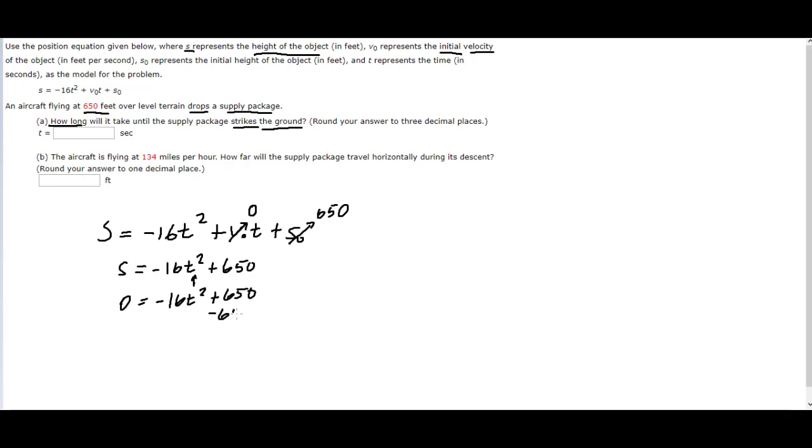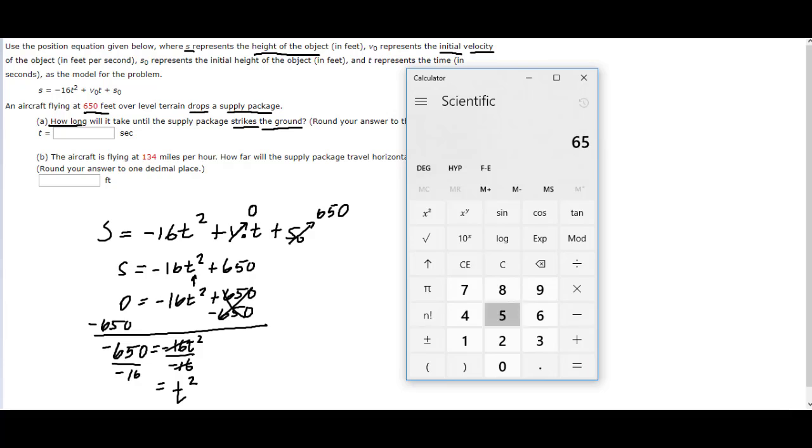And from here we can subtract 650 on both sides and turn this into a square root problem. So solving this quadratic is quite simple. And we divide both sides by negative 16. Alright, so we have over here two negatives, so I'm going to take 650 divided by 16, and it's 40.625.